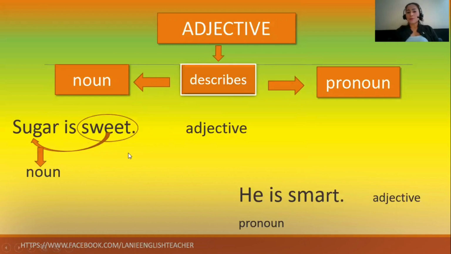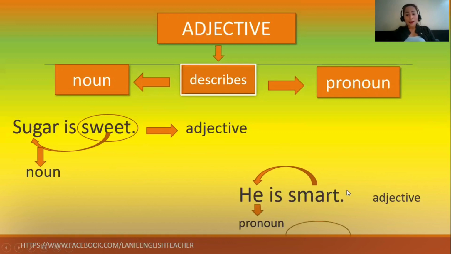Therefore, the word sweet in the sentence is an adjective. Am I understood? All right. Second example: He is smart. The word smart describes the pronoun he. Therefore, smart here is an adjective.